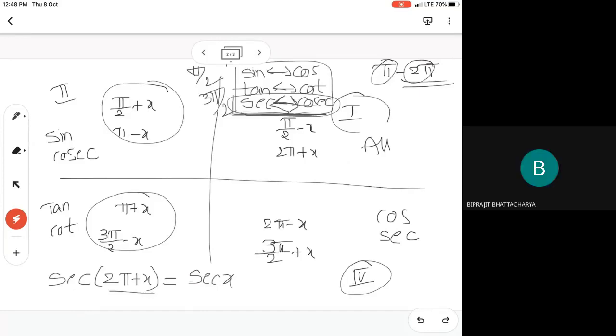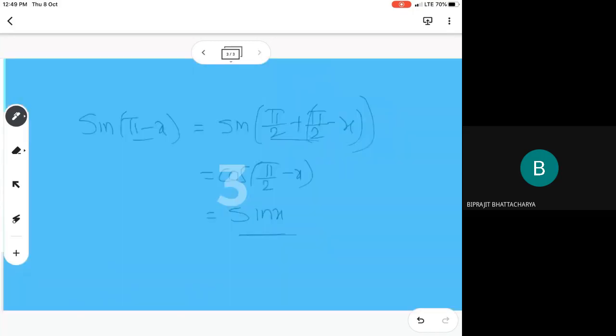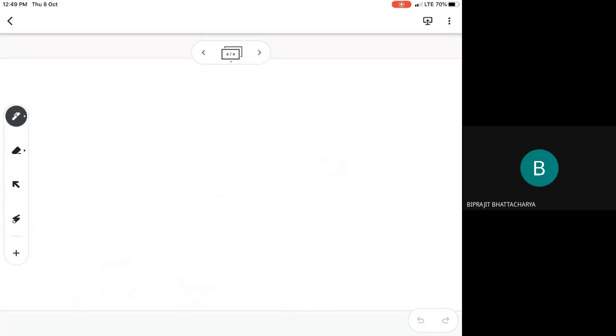Now look at the next question, practice a little. I have told you: after today's class, immediately after the class you have to make a table, what I showed you previously in the picture.